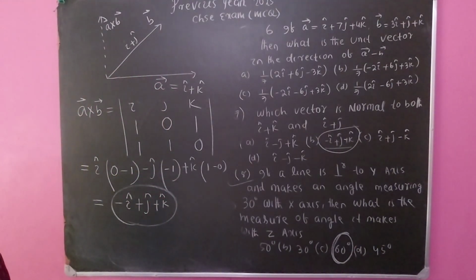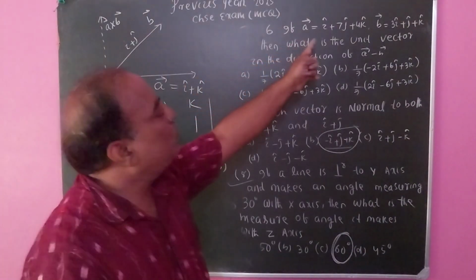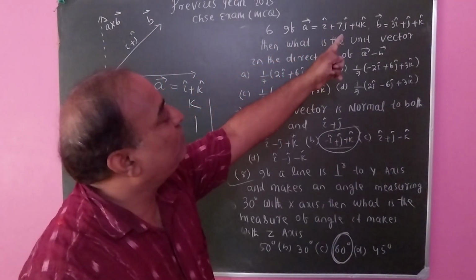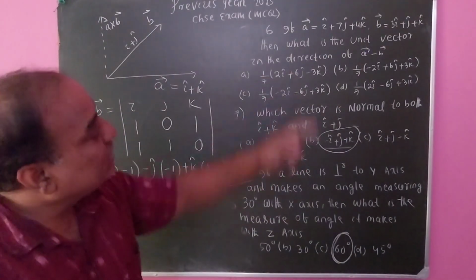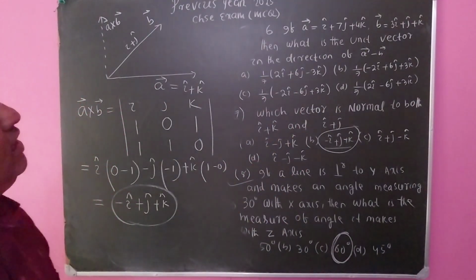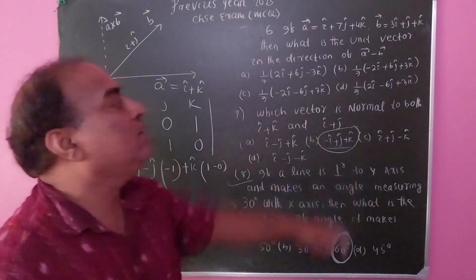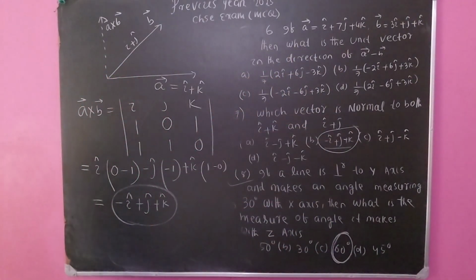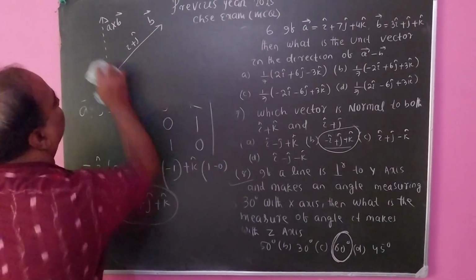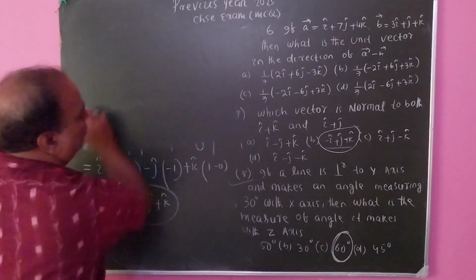Now we have to discuss question number 6. Write down question number 6. If A is equal to i cap plus 7j cap plus 4k cap, B is equal to 3i cap plus j cap plus k cap, then what is the unit vector in the direction of A minus B? So our aim is to find out n cap, the unit vector.